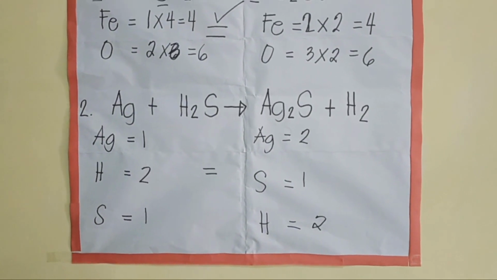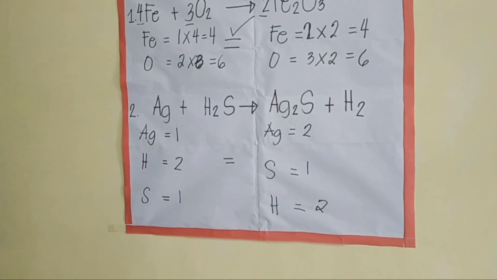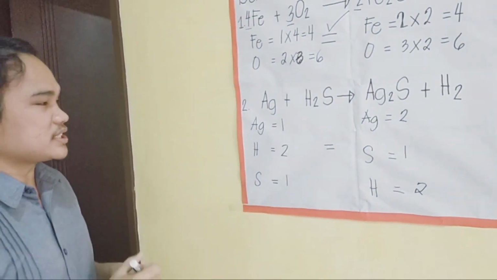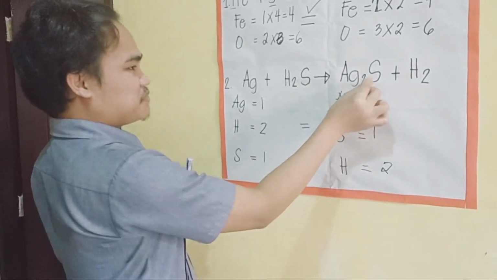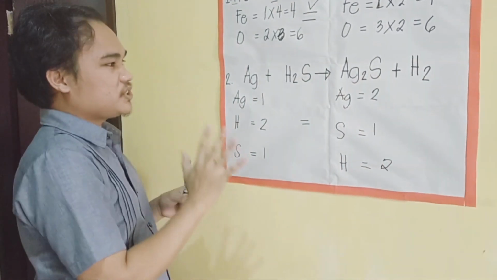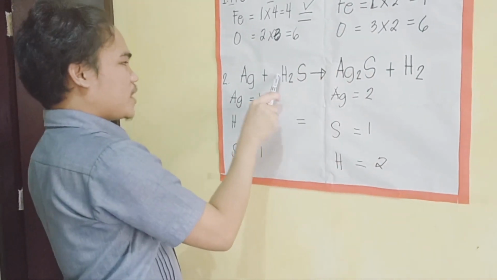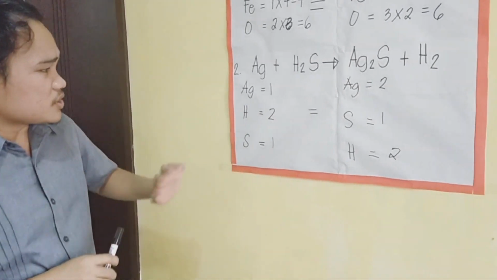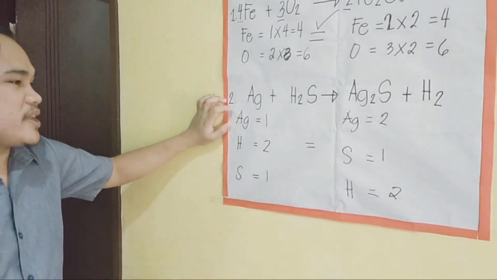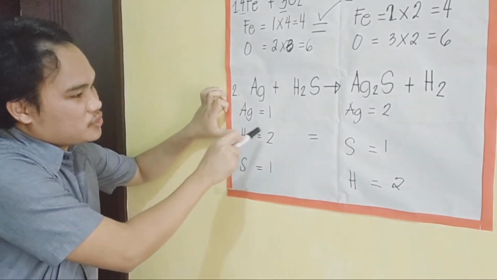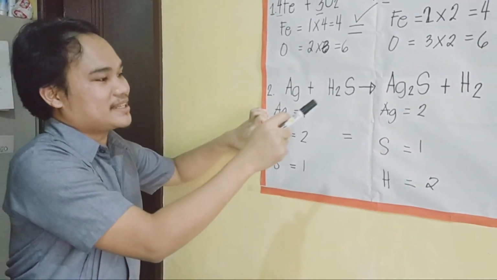Okay, step 2, we are going to change the coefficient and do not change the subscript. We cannot change the subscript, this one, subscript. But the coefficient, we can change the coefficient. 1, 1, 1, 1. So since we have hydrogen 2, and then at the right side we have 2, and then sulfur 1 at the right side 1.